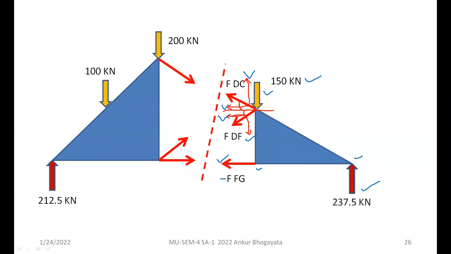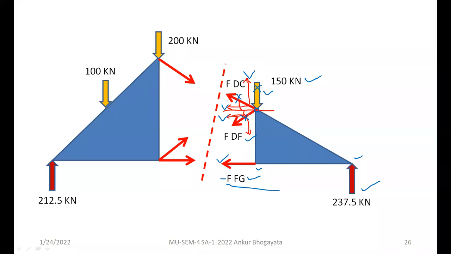Take rather the moment here itself, so that these two forces will not be in your consideration. Even the vertical force will not be in consideration. Only two forces you can see, one is reaction and this one. So that will be in your final equation, and surprisingly with one click you'll get your desired value.